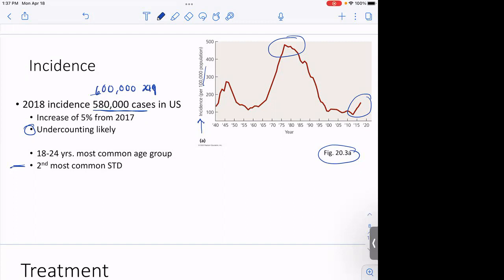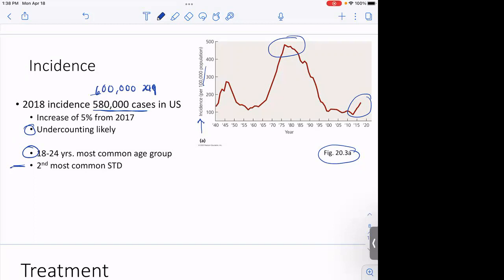One of the reasons I bring this up is that you all are in the most common age group. The main risk factor is having more sexual partners; obviously, the more you have, the more likely you are to contract it. And you can get it over and over again, because it changes so much that you don't have any memory cells that will work for a new infection.